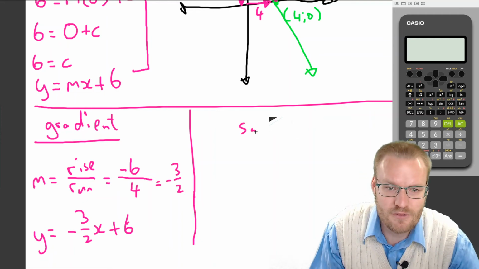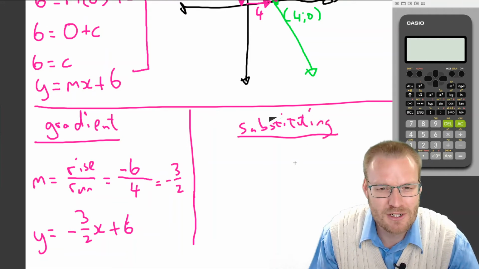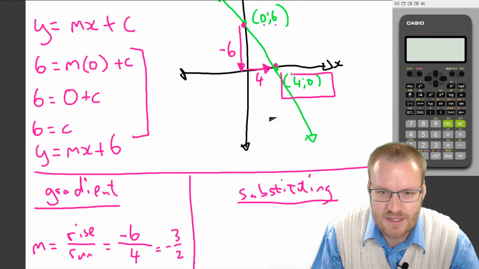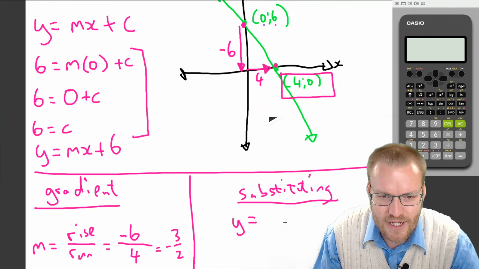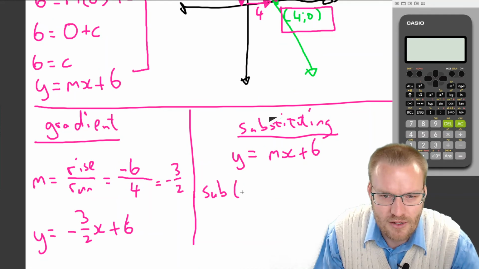The second method of working this out is by substituting. Excuse my bad writing, I'm feeling a bit rushed. We're going to substitute this second point in. We know that y so far is mx plus 6, and we're going to sub in this point, (4, 0).